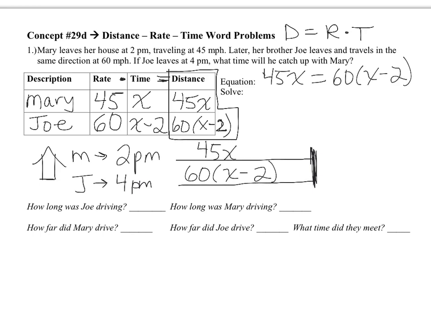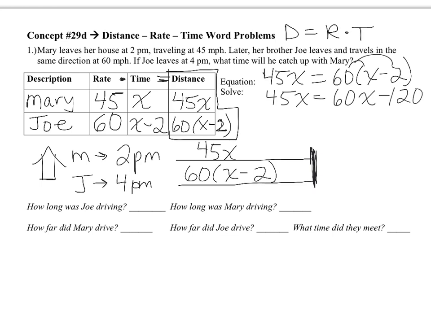And now when I solve this equation for x, that is going to give us Mary's time. And then once we have that, we'll be able to answer this question. We'll also be able to answer all these other questions down here. So once you've set up your equation, then you solve for x. And so I'm going to distribute the 60, and you get 45x equals 60x minus 120.